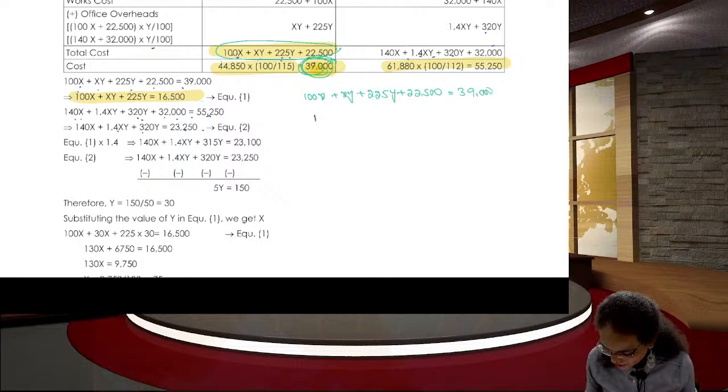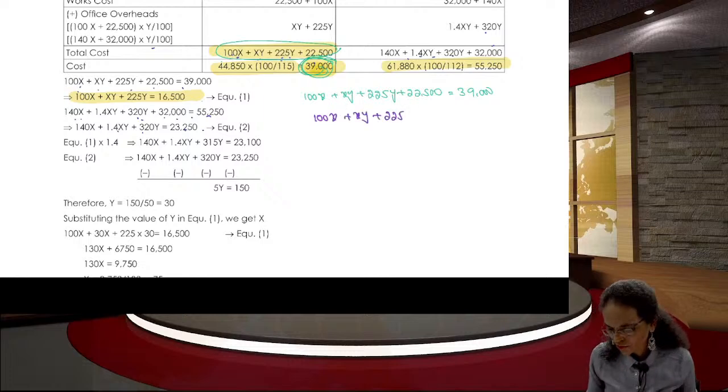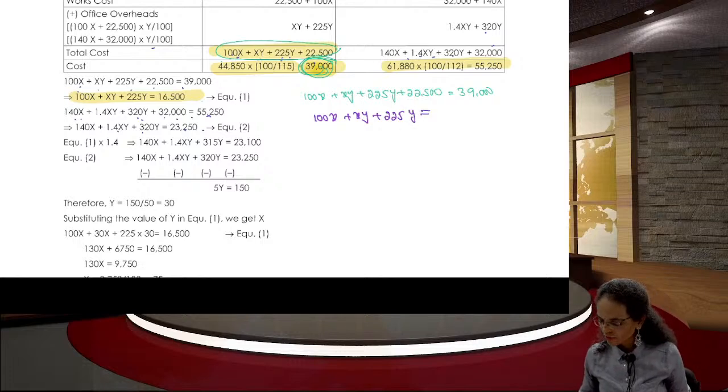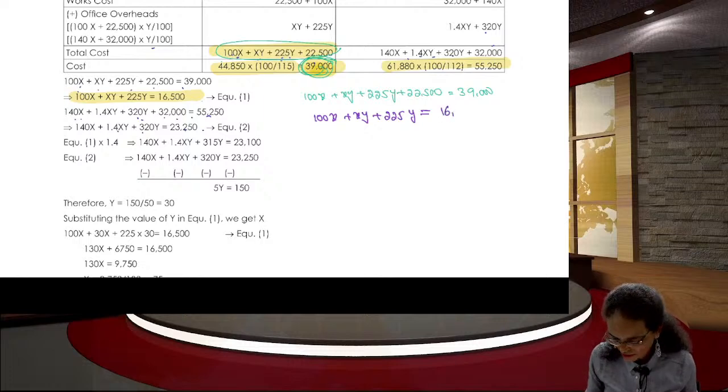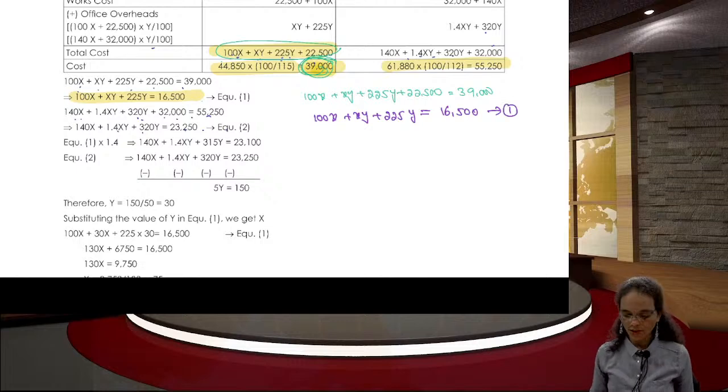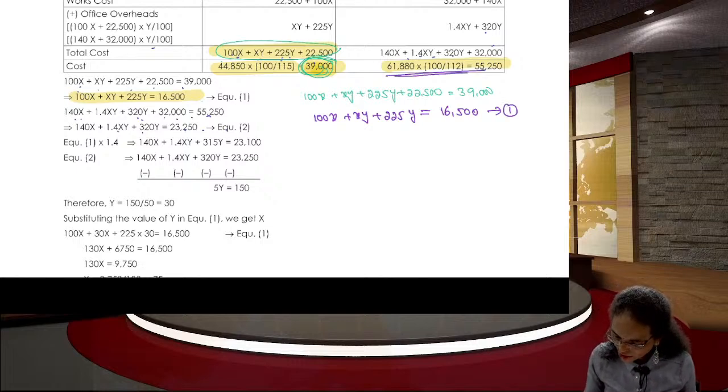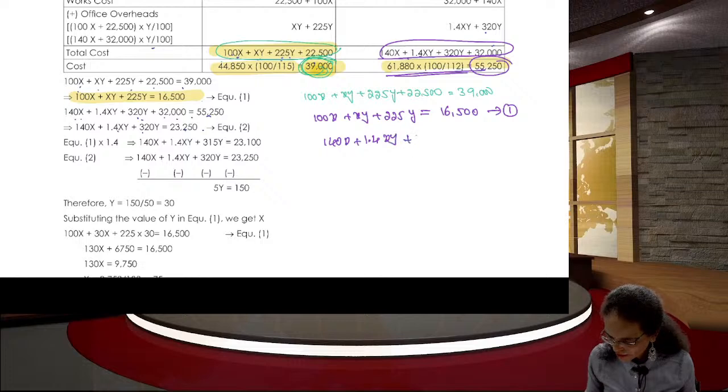So here 100x plus xy plus 225y equal to 39,000 minus 22,500, that is 16,500. You assume that this is the equation number 1. For the second one also same thing, this equal to this one: 140x plus 1.4xy plus 320y plus 32,000 equal to 55,250.